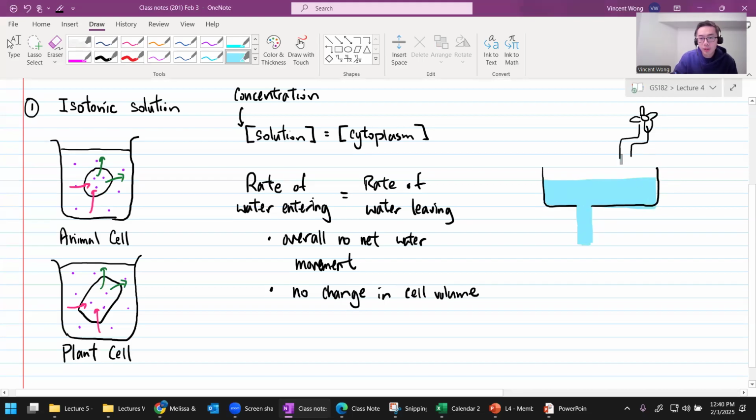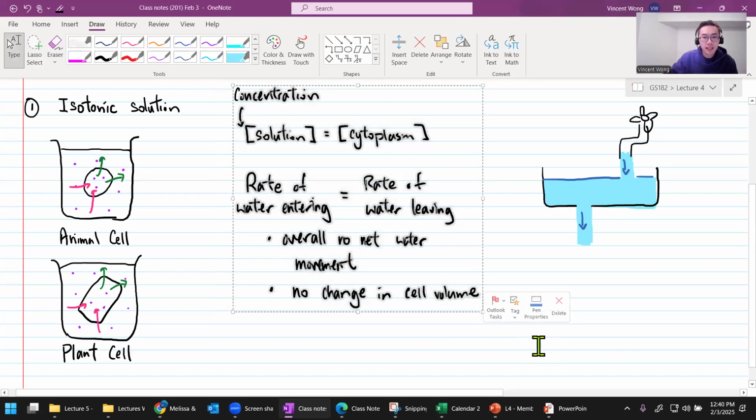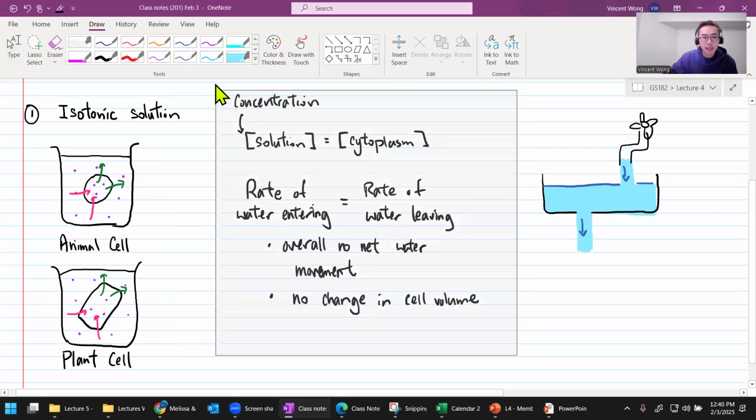But you also turn on the tap, so the water is coming in at the same rate as the water is leaking. And what's gonna happen to your water level? Well, it's gonna be no change, right? Because you're gaining as much water as you're losing. So they cancel each other, they balance out, no change in volume. That's basically what's happening in this case.